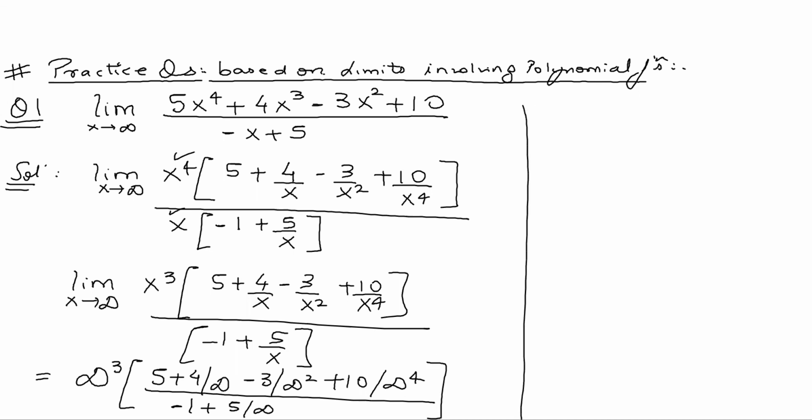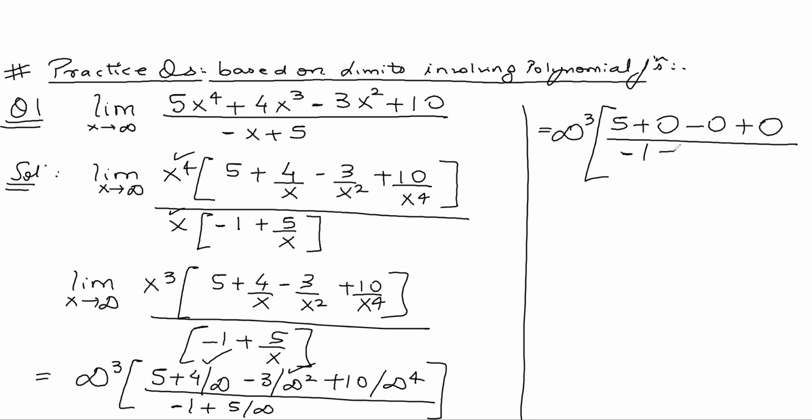What will my answer come out? Infinity cube into 5 plus 4 by infinity 0 minus 3 by infinity square 0, 10 by infinity^4 0, upon minus 1 plus 5 by infinity 0. So we get infinity cube into 5 by minus 1, minus 5.